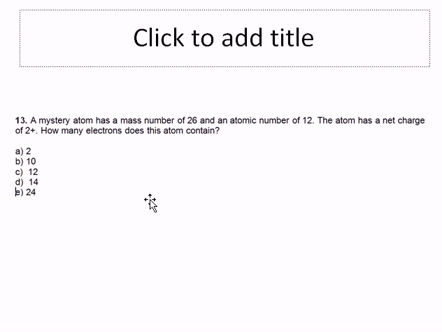I threw this one in because I think this is a fundamental skill even beyond isotopes. This question says a mystery atom has a mass number of 26 and an atomic number of 12. The atom has a net charge of +2. How many electrons does this atom contain? In this case you're given the mass and the atomic number, so you know that it has 12 protons, and if you do 26 minus 12, you can figure out how many neutrons.